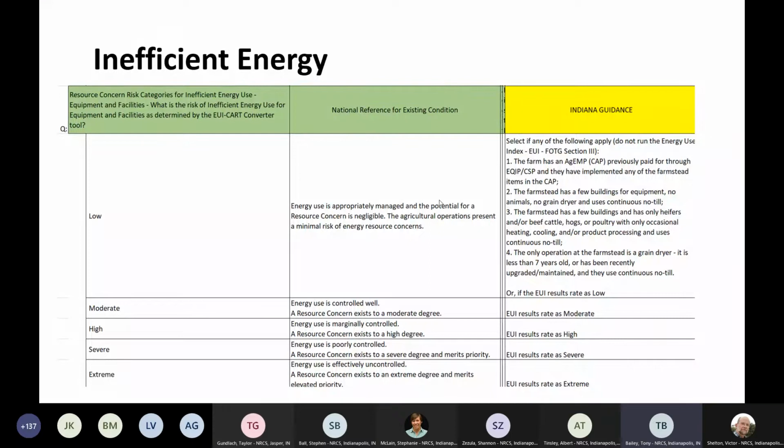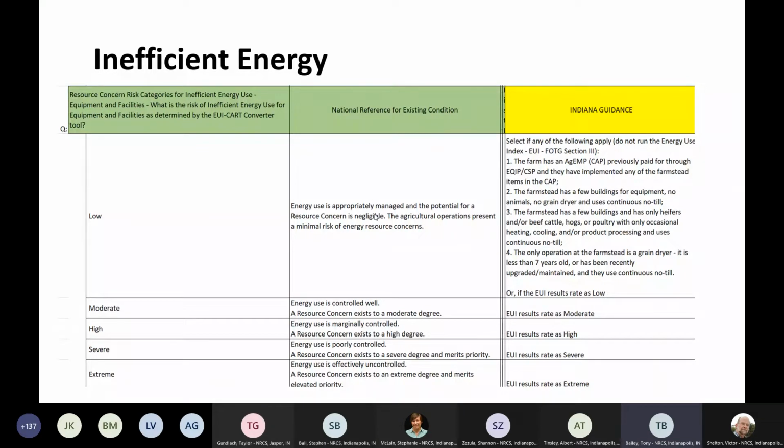Also, if they have buildings with some livestock, but only occasional heating or cooling, and with continuous no-till, they would not need to run the tool as well. Or if they have a new grain dryer, then they wouldn't need to run that either.